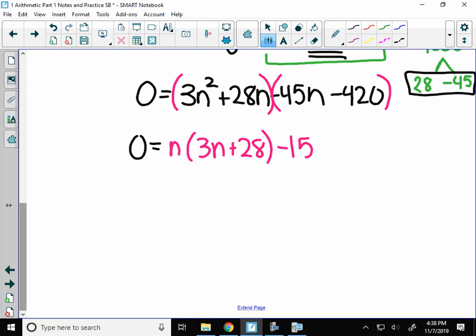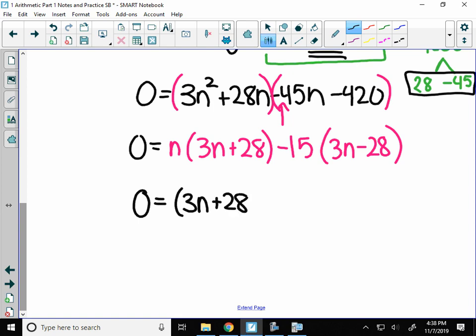Remember, I can pull out a negative GCF because that third term is negative. And you'll be left with 3n minus 28. Now to write the official factored form here, I pull the 3n plus 28, I'm sorry, I forgot plus here, into one group, and then I put the GCFs in the other group.